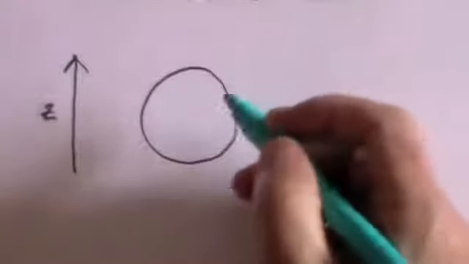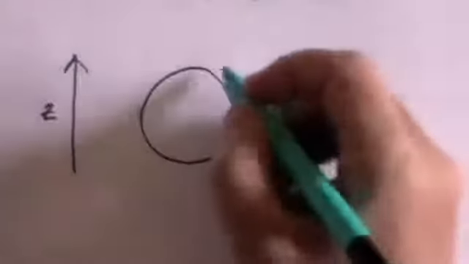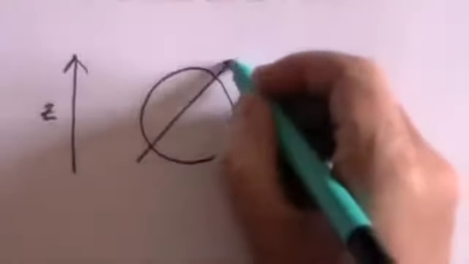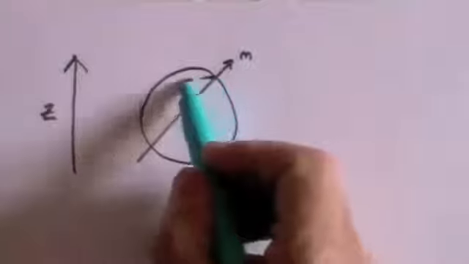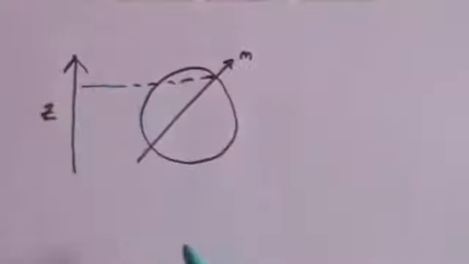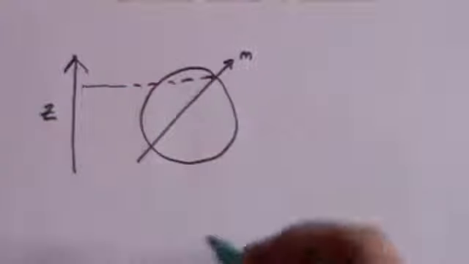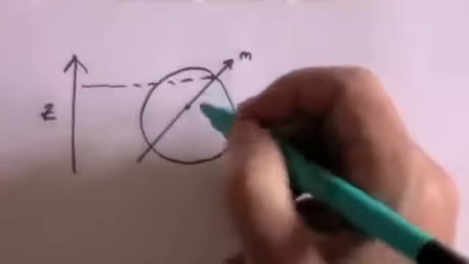So here is my spinning ball, as it were. There's the axis, which we'll call m. And what we're going to do is measure that angular momentum along the z-axis, or the z-coordinate.